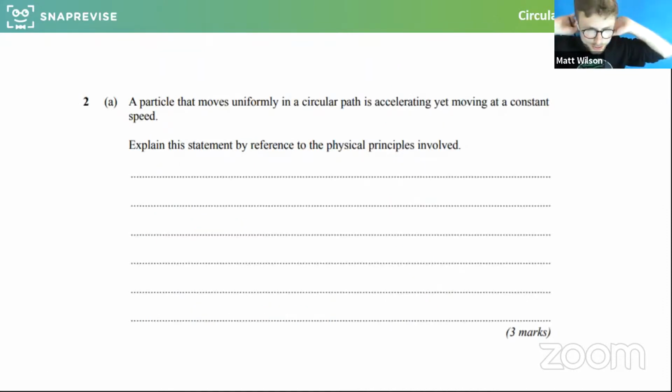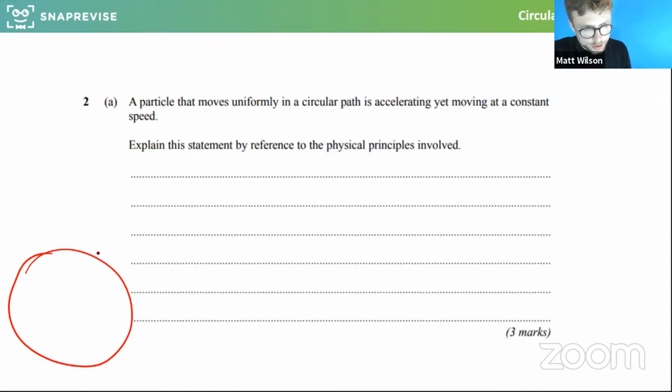And this first one is a great question to look at because it's so common in exam papers. A particle that moves uniformly in a circular path is accelerating, yet moving at a constant speed. Okay, so we mentioned this before. Let's draw ourselves a diagram. Particle moves around in a circular path. Okay, it's accelerating.